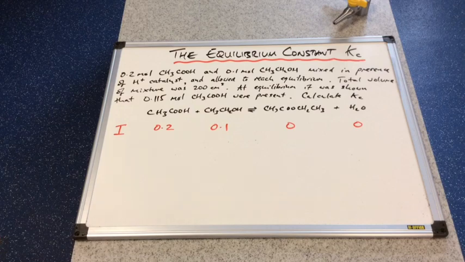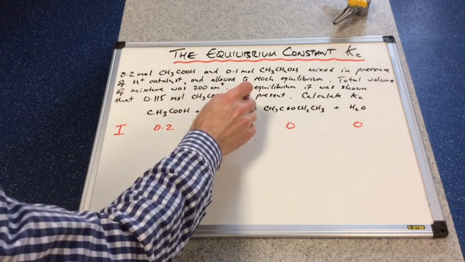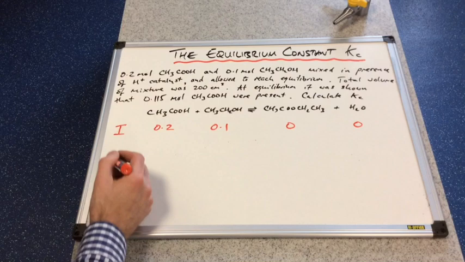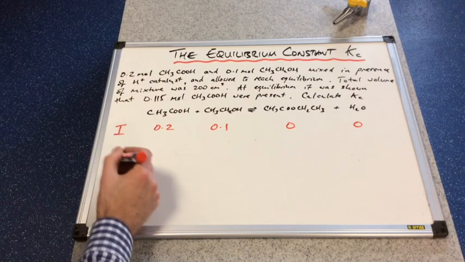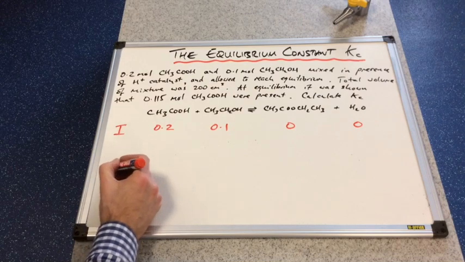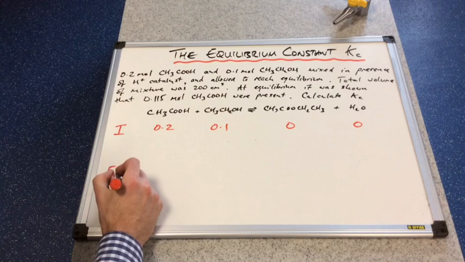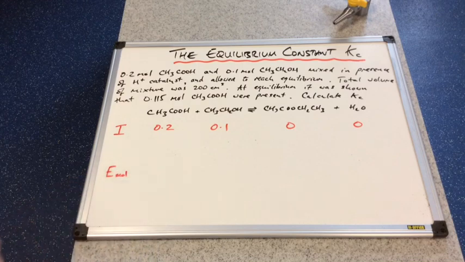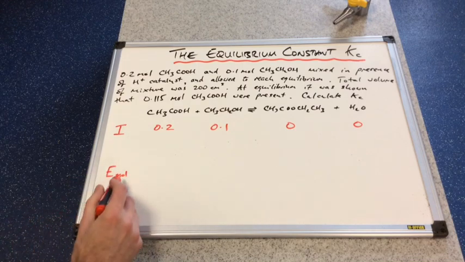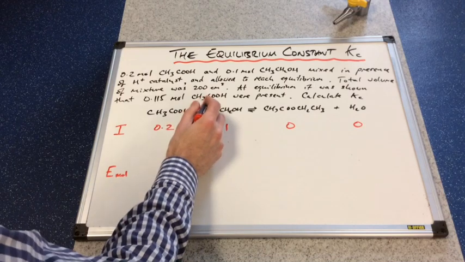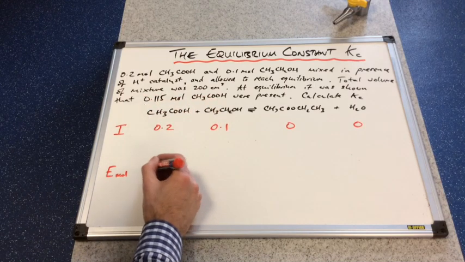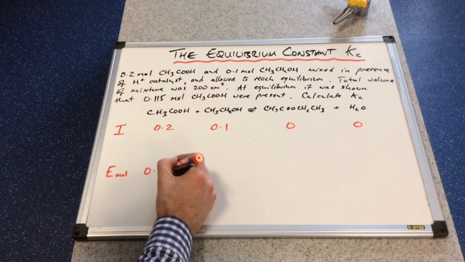So the next thing we're going to do is look at the equilibrium. So I'm going to leave some space here, and I'm going to put E there to stand for equilibrium moles. So the equilibrium moles of ethanoic acid is 0.115.